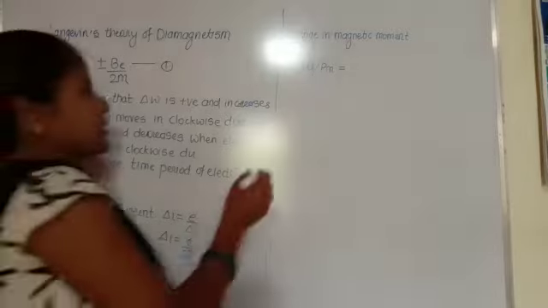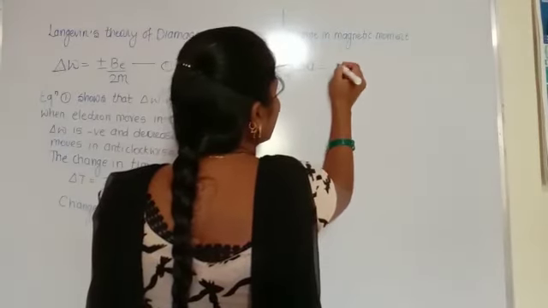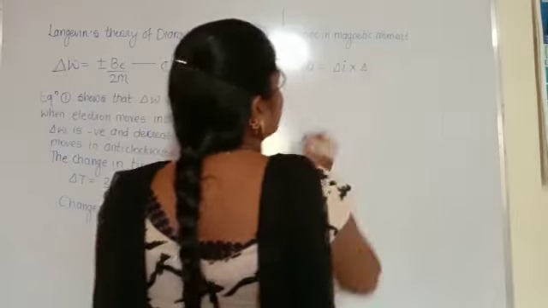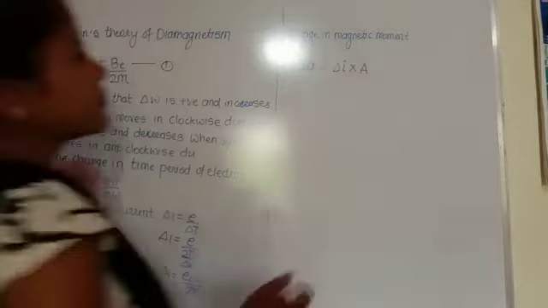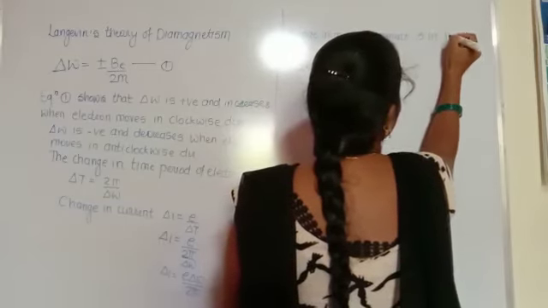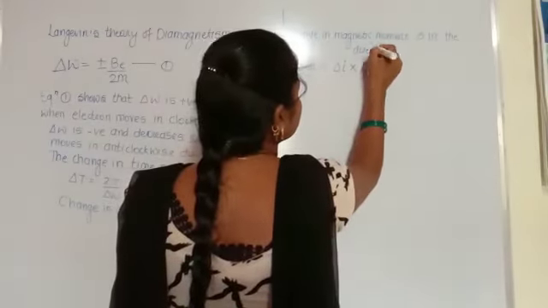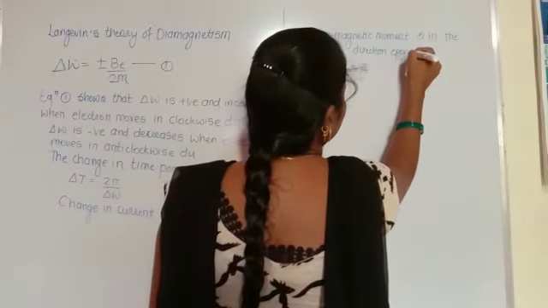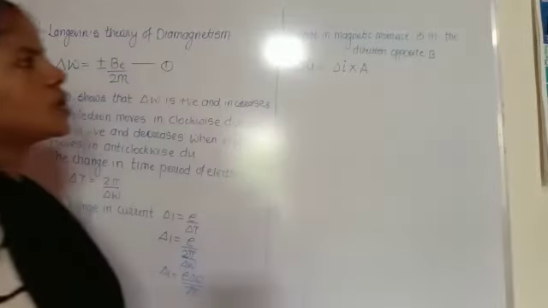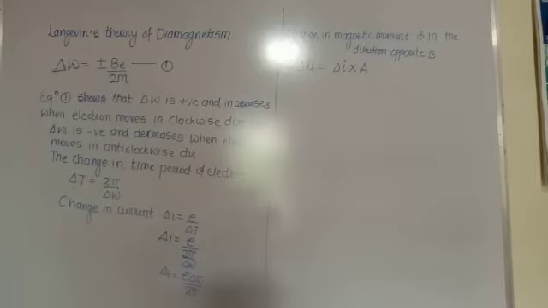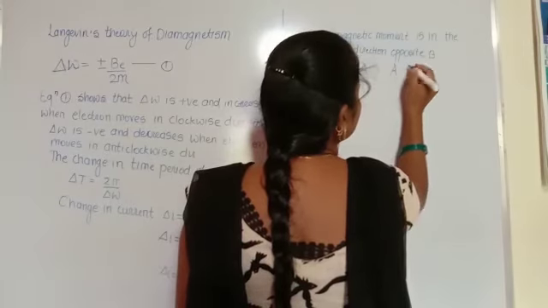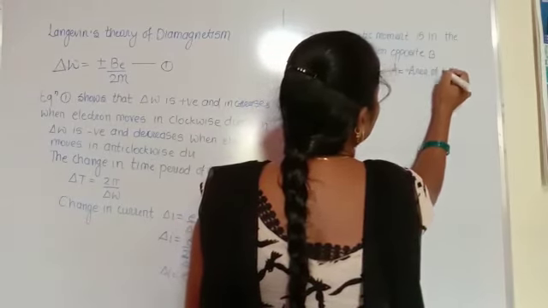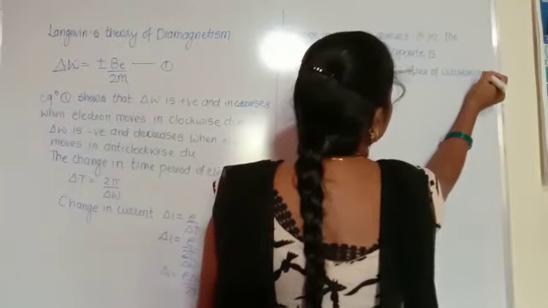Therefore delta mu is equal to delta I into A, and this change is in the direction opposite to magnetic induction B, where A is the area of the circular loop.